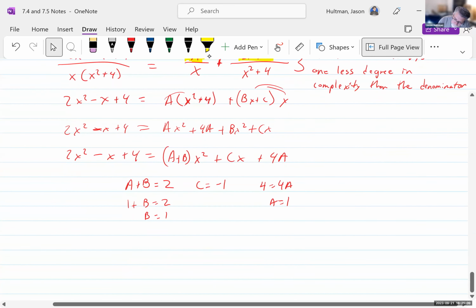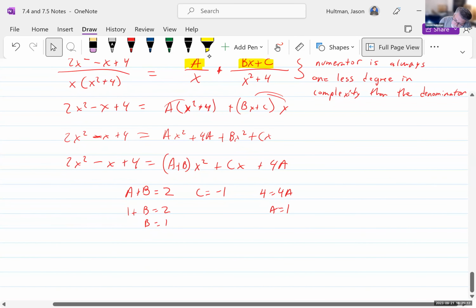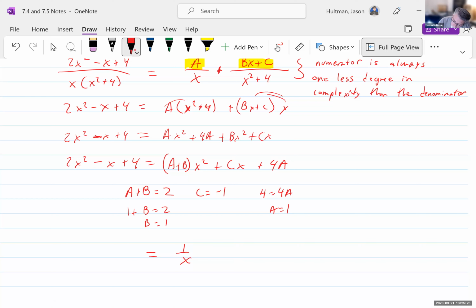So what was A? A was 1, so this just becomes 1 over x. And then B was 1, so that just becomes x. And C is -1, so that's just -1 all over x squared plus 4.